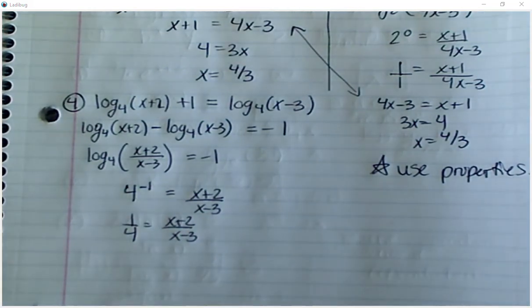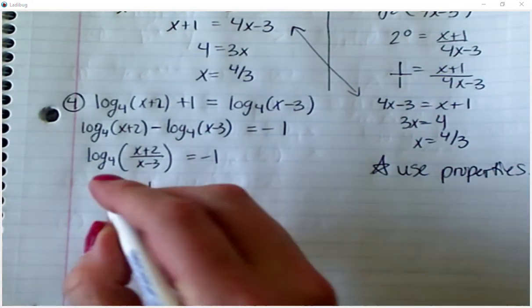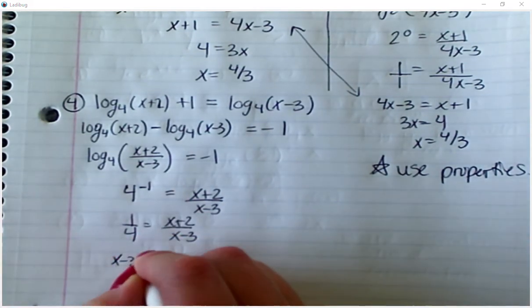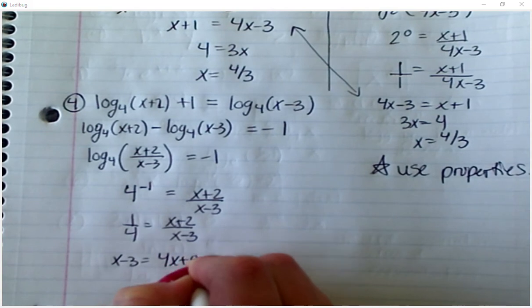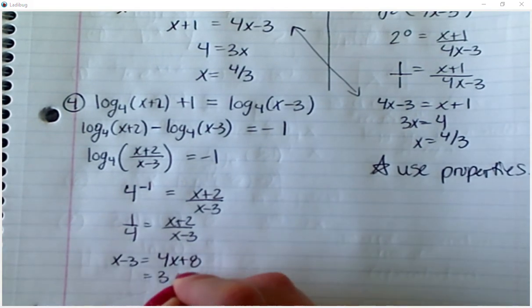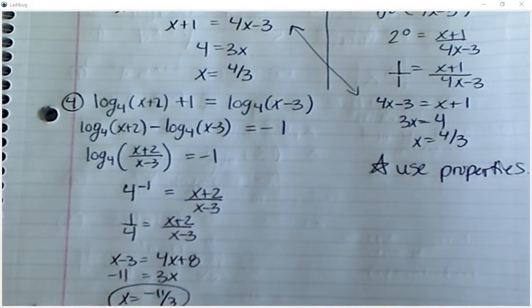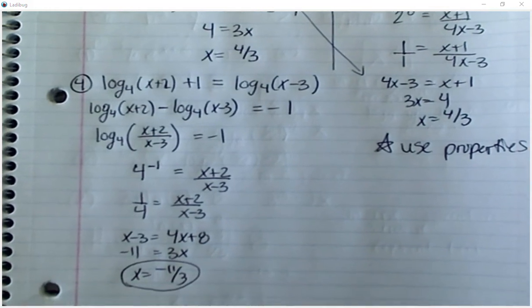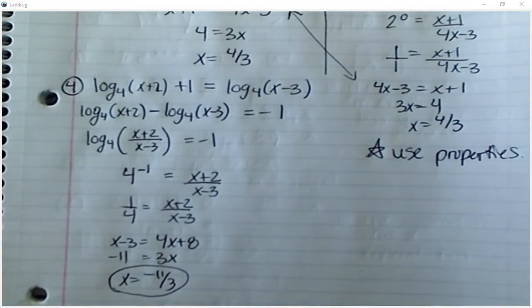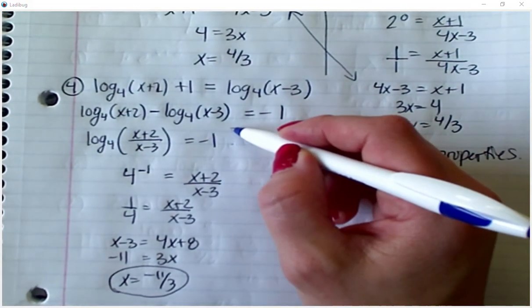Okay, now it turns into a rational, which is from the last unit. I'm going to cross multiply. Whew. Okay, negative 11 over 3. And hold on.